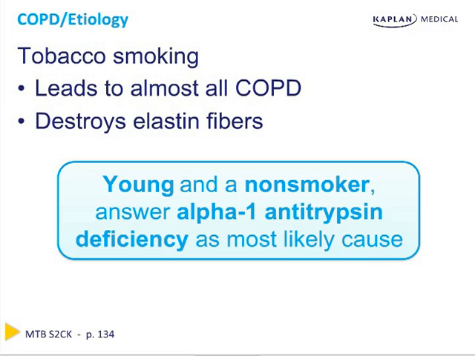With a deficiency of this enzyme, you're unable to break down certain molecules in the lung that destroy elastin. If you're unable to break those molecules down, you're going to have an excess in elastin destruction. And this leads to a clinical syndrome very similar to emphysema in a tobacco smoker.